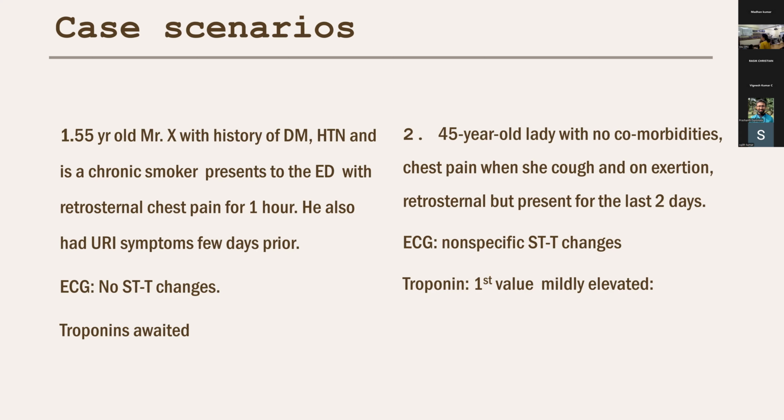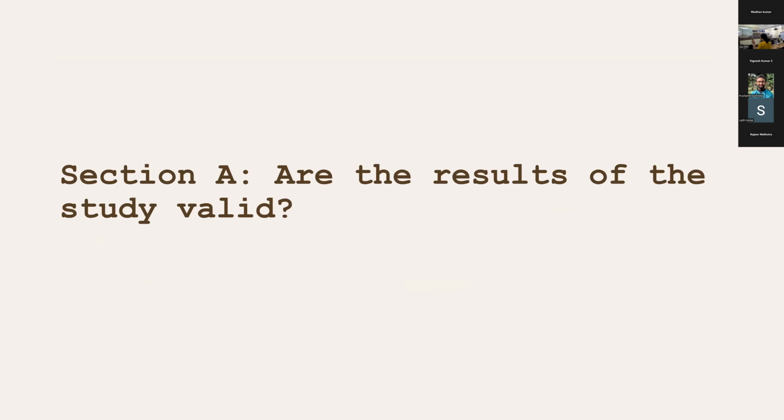The second one is a 45-year-old lady with no comorbidities. She's having some chest pain when she coughs or when she walks to the bathroom. Retrosternal, has been there for the last 2 days. ECG, some non-specific ST-T changes. The first set of troponin is slightly elevated. What will you do?